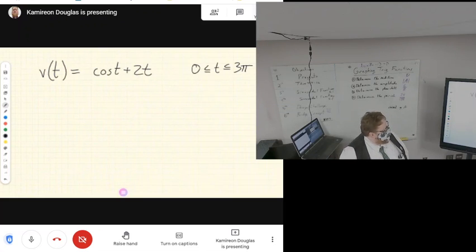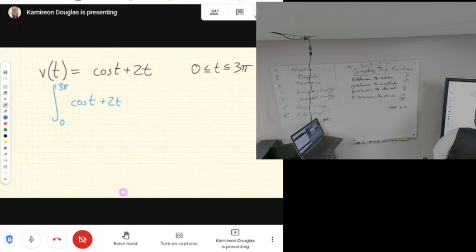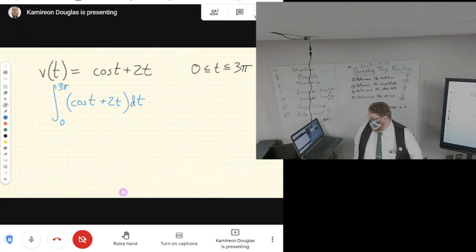Well, let's talk about distance and displacement. To find the displacement, we integrate this function from 0 to 3 pi of cosine of t plus 2t with respect to t. Alright, let's do it.